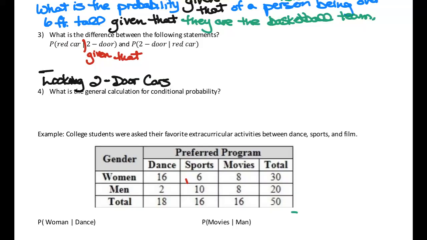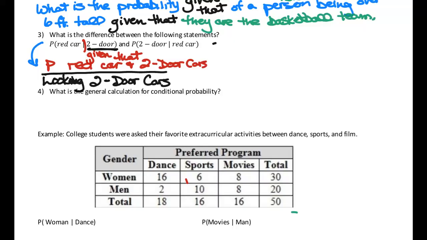You're looking at a Porsche, a Ferrari, a Lamborghini, a Pinto, one of those little mini cars, a smart car or something. Out of all those two-door cars, we want the probability of getting a red car. And it has to be a two-door car, since you're looking at two-door cars, right? That's what this one means.